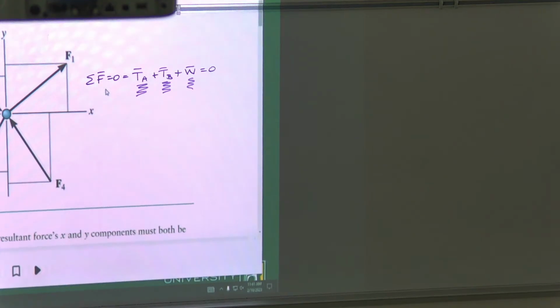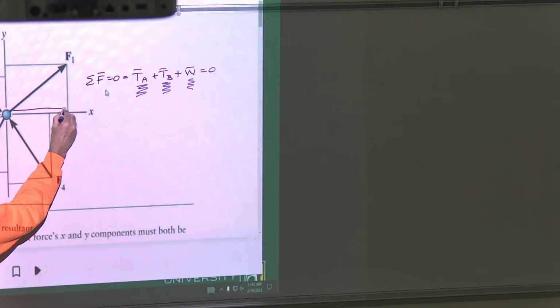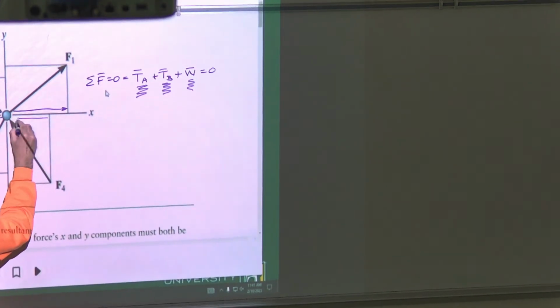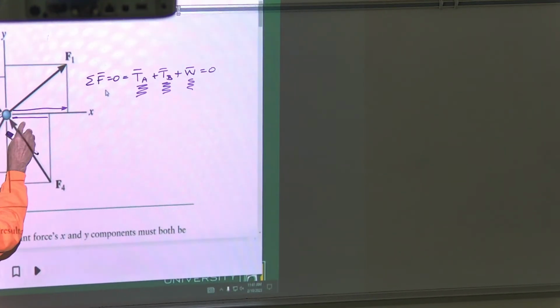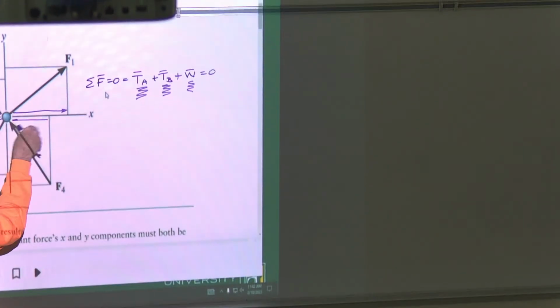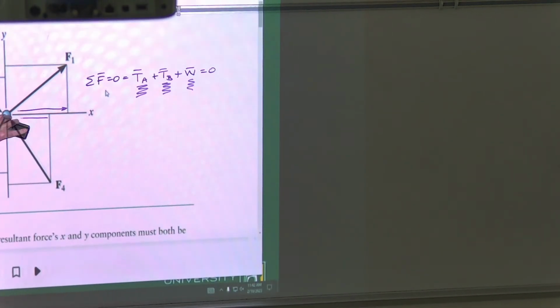So here's a marble, whatever. I don't know what this is. So you have the X component of this one, and then the X component of that one, the X component of this one, and then the X component of that one. So this and this have to equal that, this and this plus this and this. In other words, they all add up to zero. And same thing with the Y component.